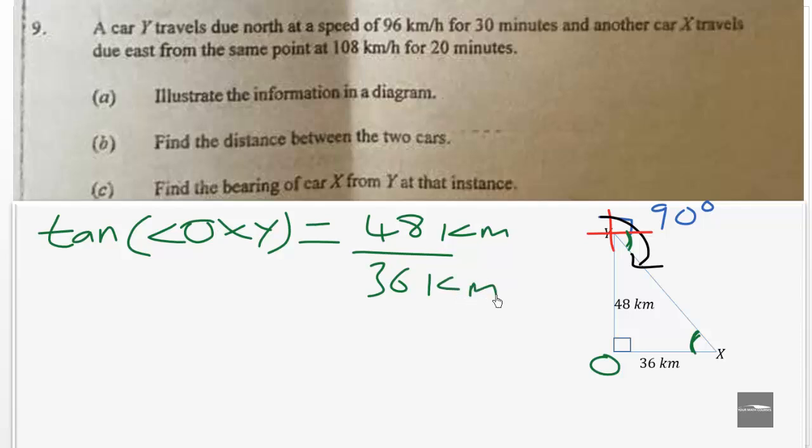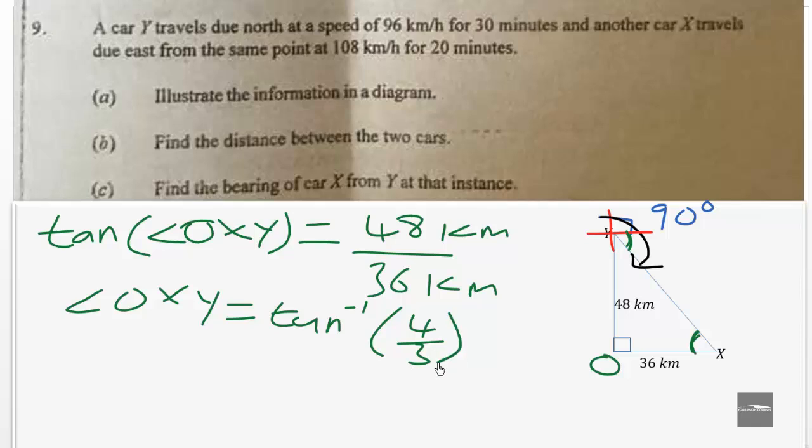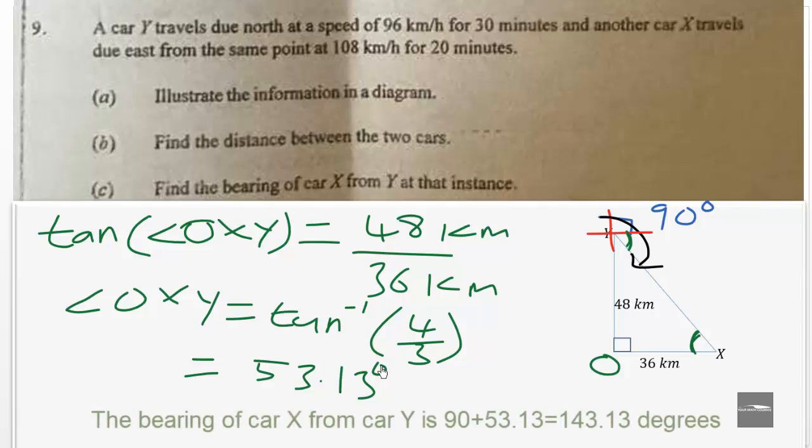So that will give us angle OXY equal to tan inverse of 4 over 3. So angle OXY will be 53.13 degrees.